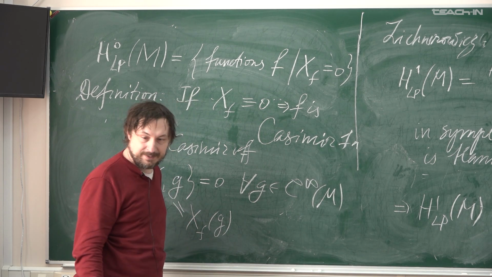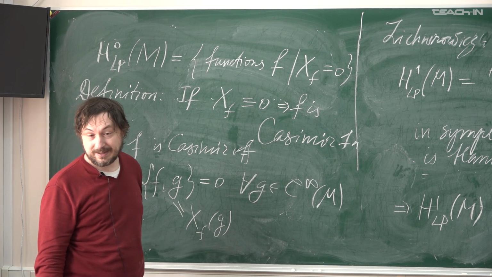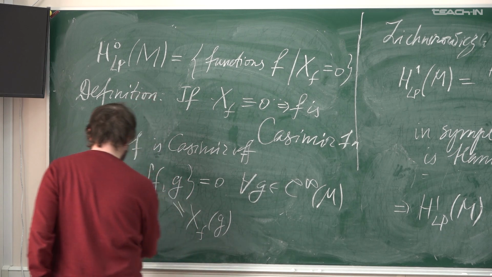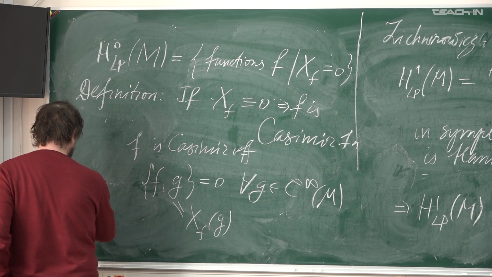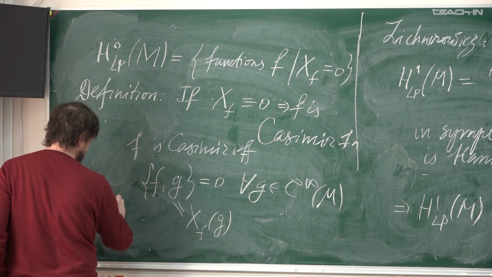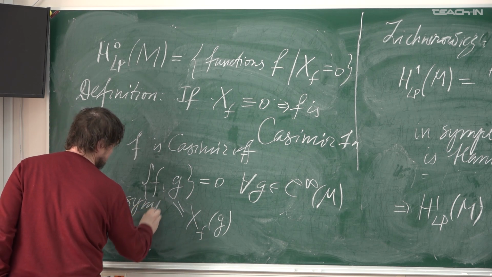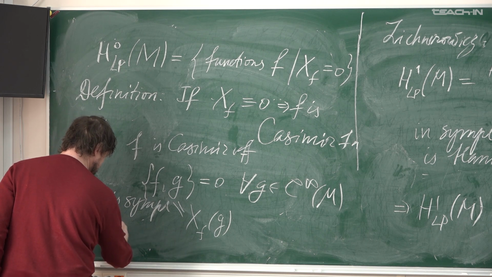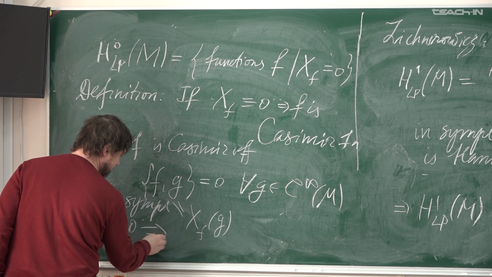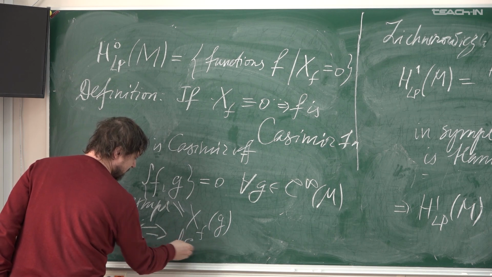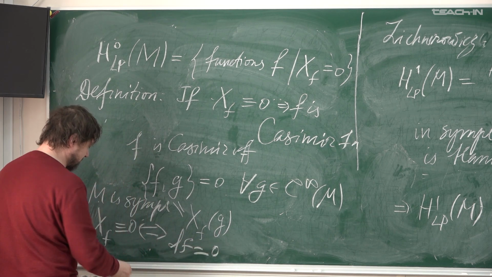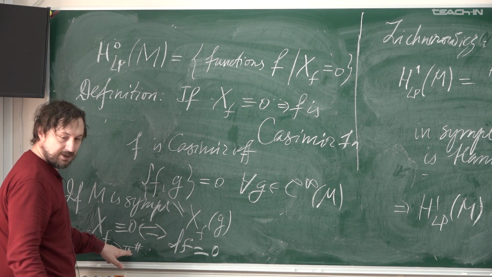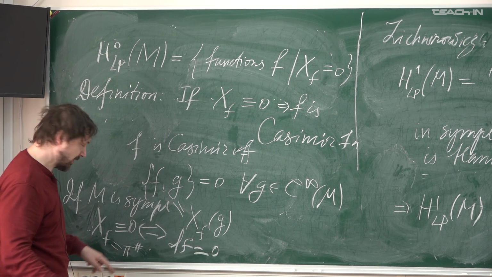In the case when M is in fact symplectic, the condition of being Casimir means that df is equal to 0. X_f is equal to 0 identically if and only if df is equal to 0, because this is just the raising of the indices of df with respect to the non-degenerate bivector.